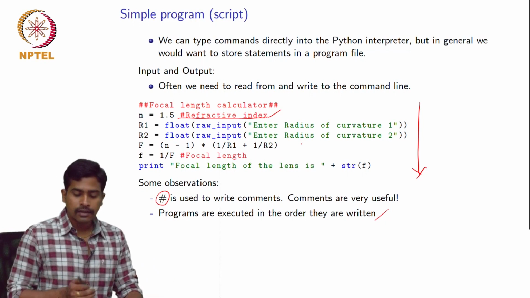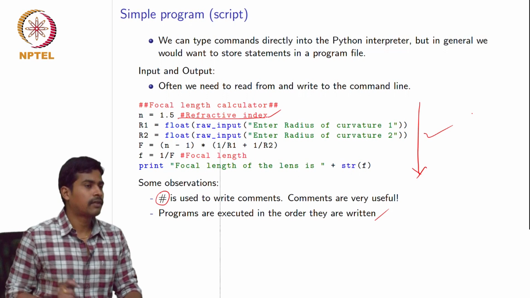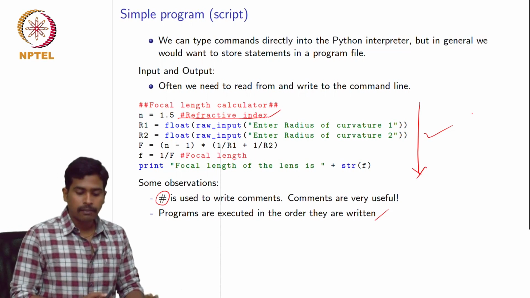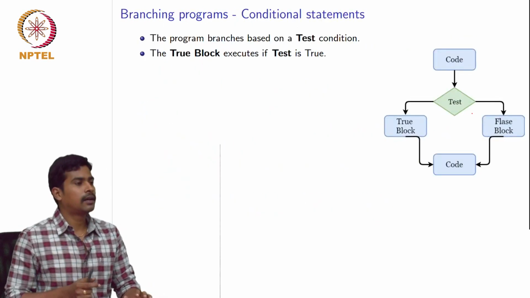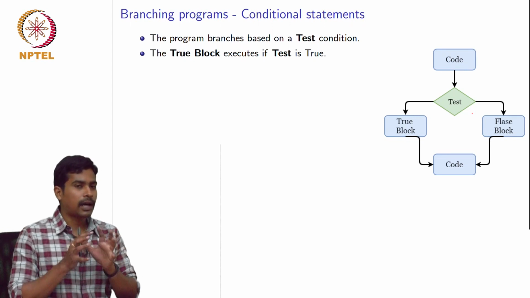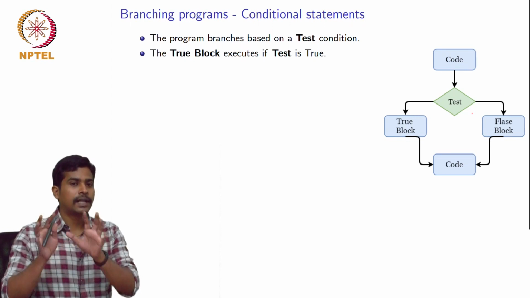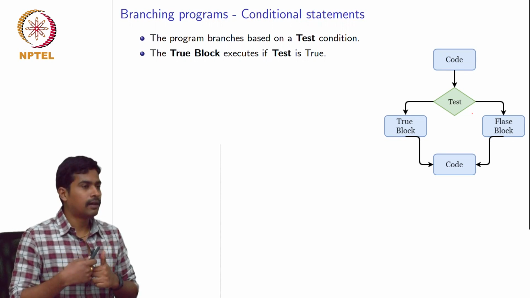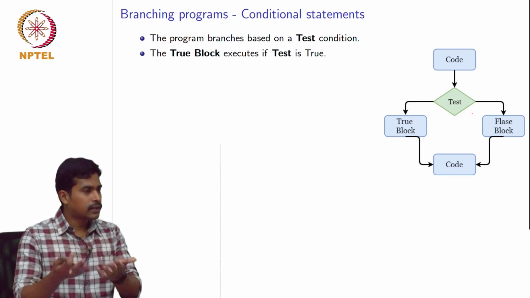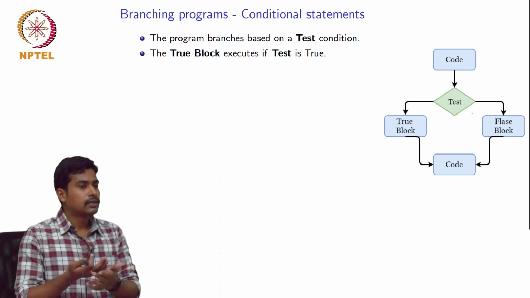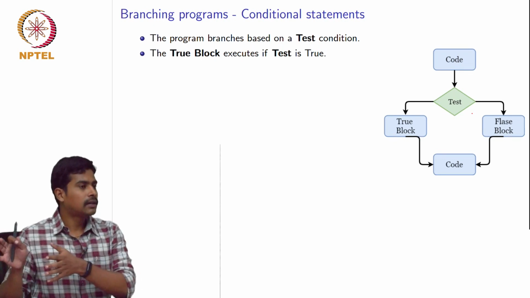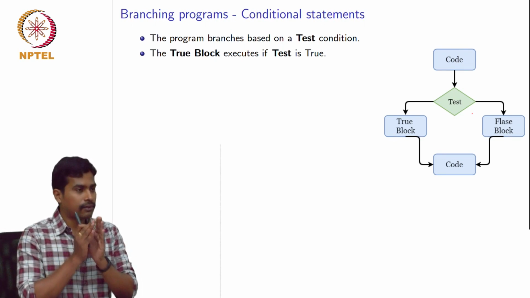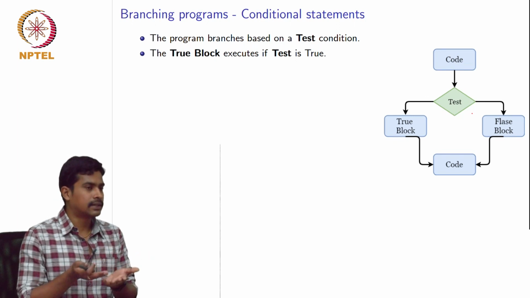Okay. So this is good in most of our programs, but what if you want to execute a particular part of your program only when a particular condition is met? For example, you all know there is a thick lens and a thin lens, right?